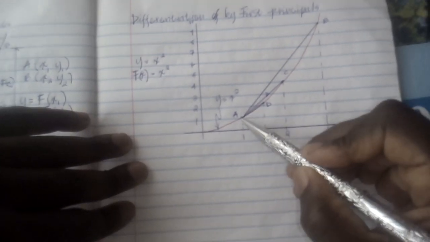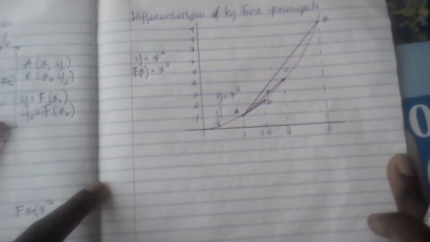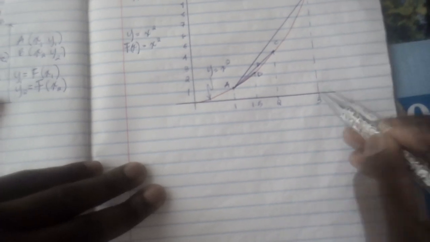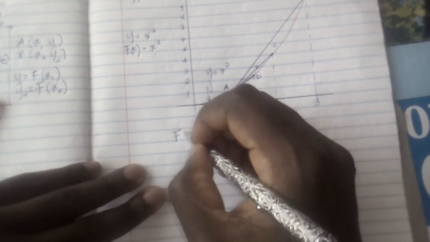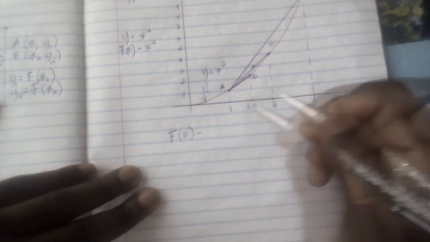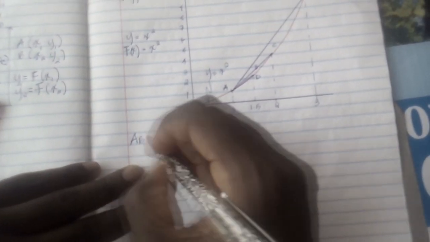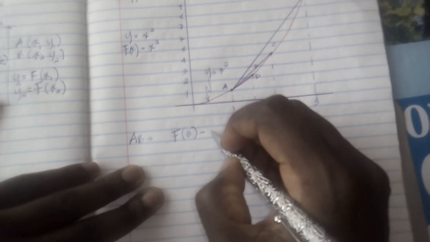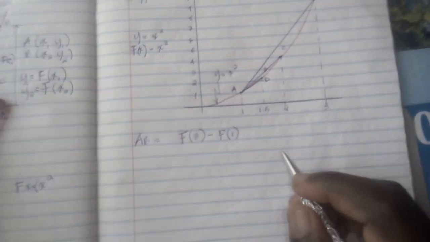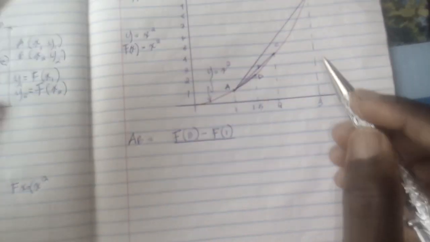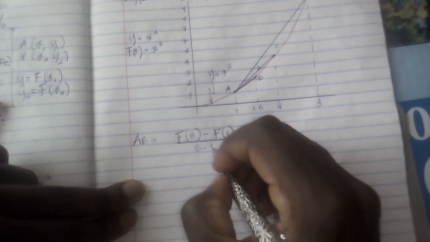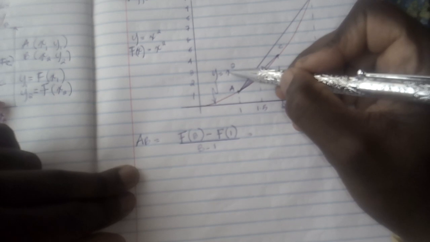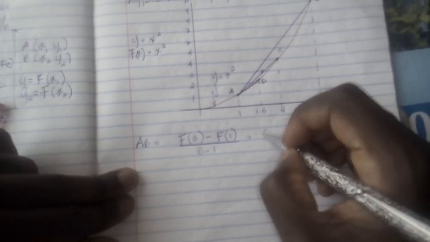In this case, if you were to get the gradient of this chord AB, it will be f of 3 minus f of 1, all over 3 minus 1. f of 3, just replace 3 in place of x and you get 3 squared, which is 9.